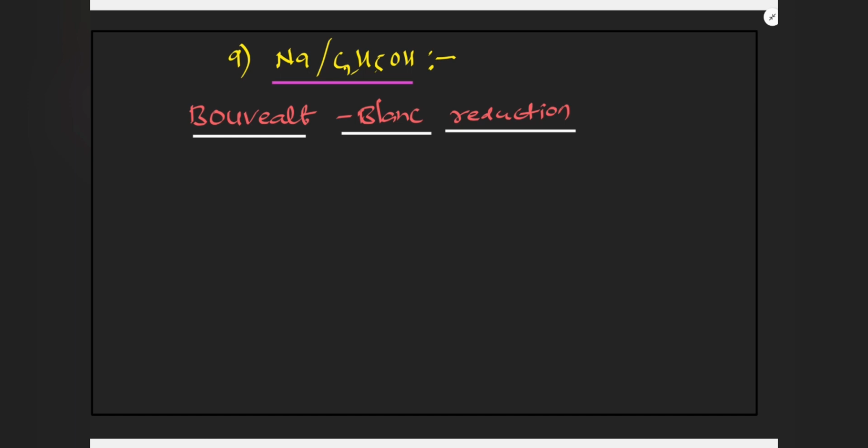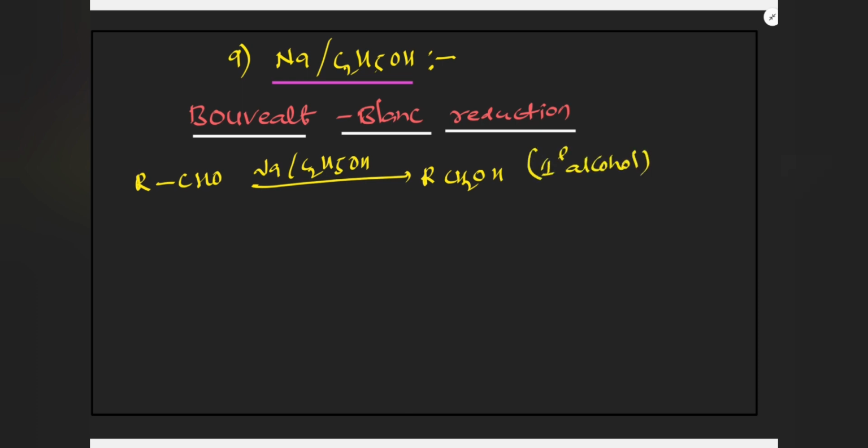In this, sodium in ethanol reduces aldehydes to give alcohol. Aldehydes with sodium in ethanol give primary alcohol.